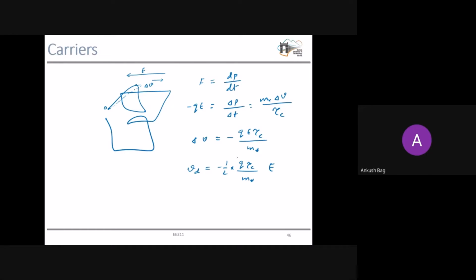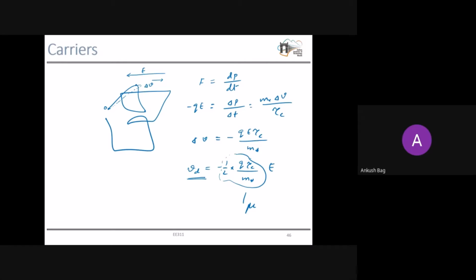This particular expression has some meaning. This is called drift velocity, and it is coming due to the electric field. Remember, this is not the random thermal motion. This velocity is proportional to your electric field, and this proportionality constant is nothing but the mobility. So this expression is the mobility.